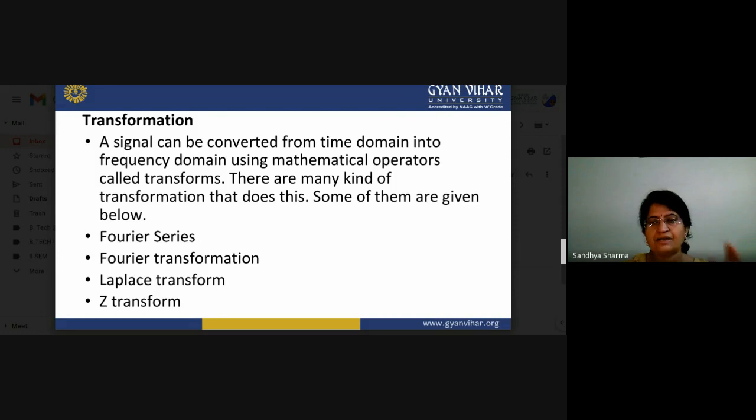Basically, if we are converting our signals from the time domain into the frequency domain form, that is called a transformation. Among the types of transformation, we also study the Fourier series, Fourier transform, Laplace transform, and Z transform. Those are the basic transformation methods. By using these methods, we can convert our image or signal from the time domain into the frequency domain form.